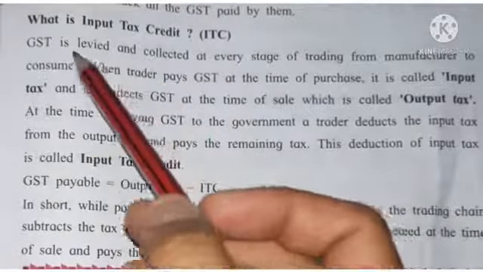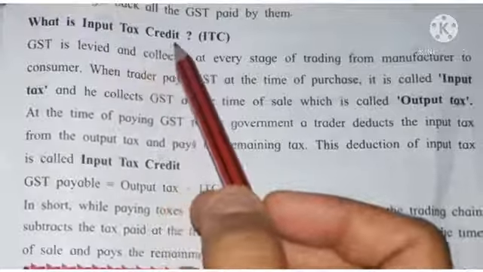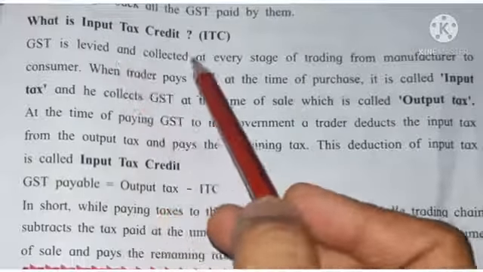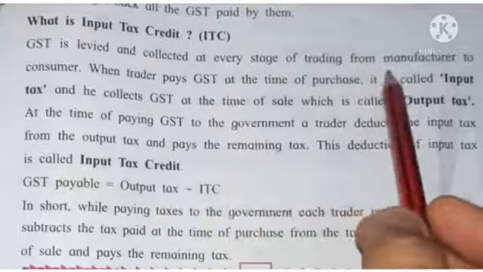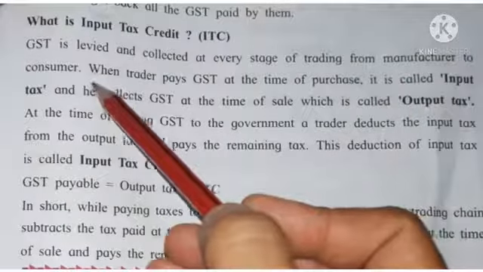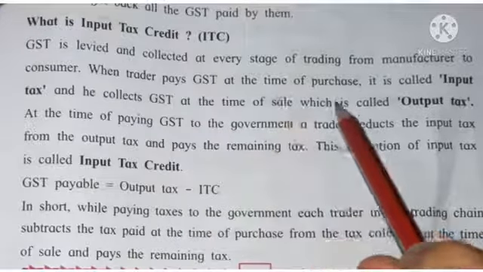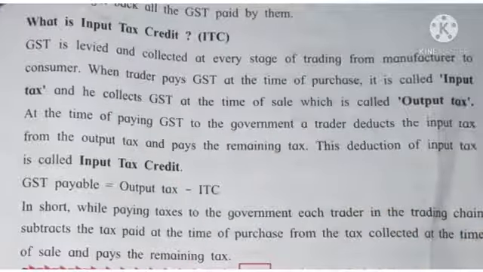Now we will see what the input tax credit is. GST is levied and collected at every stage of trading from manufacturer to consumer. When a trader pays GST at the time of purchase, it is called input tax.